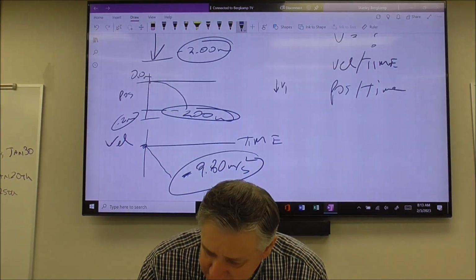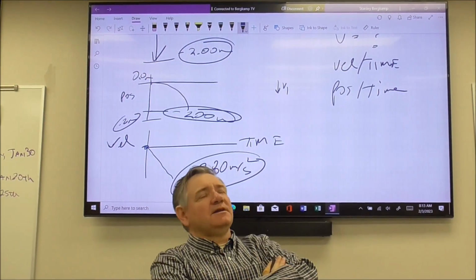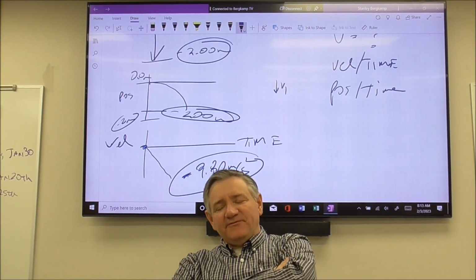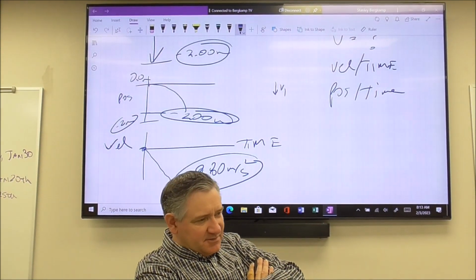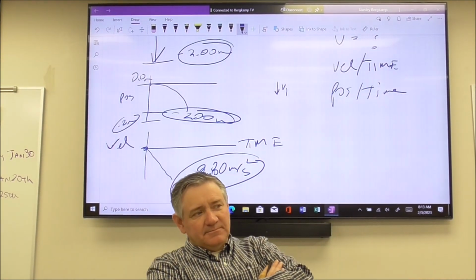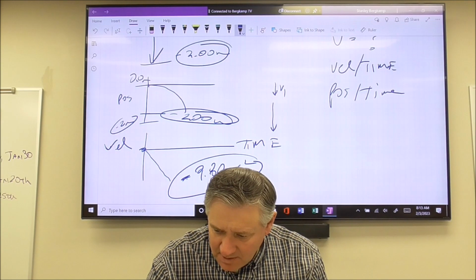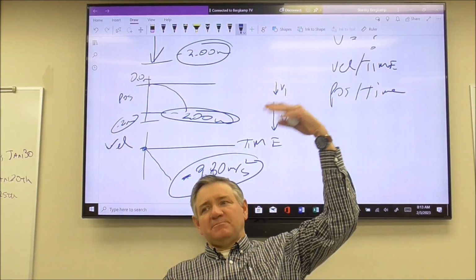Here's my V1, okay? My initial velocity vector. Adana, as that thing falls, what's going to happen to the magnitude of that velocity vector? Is it going to get bigger or smaller? Bigger. So if I ask you to do that, I'm going to go V2, it's going to get bigger.